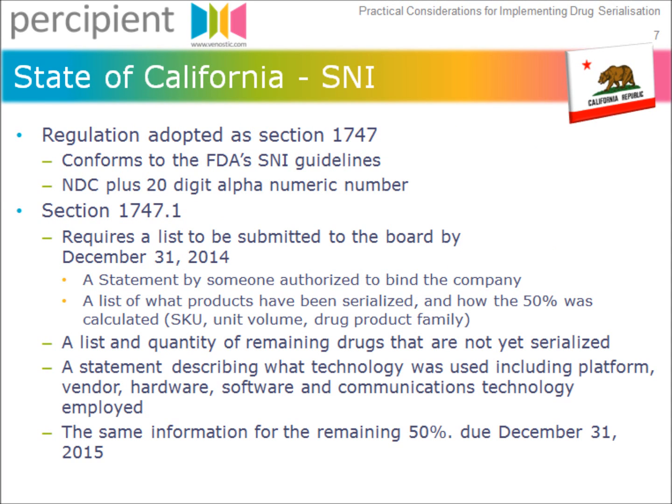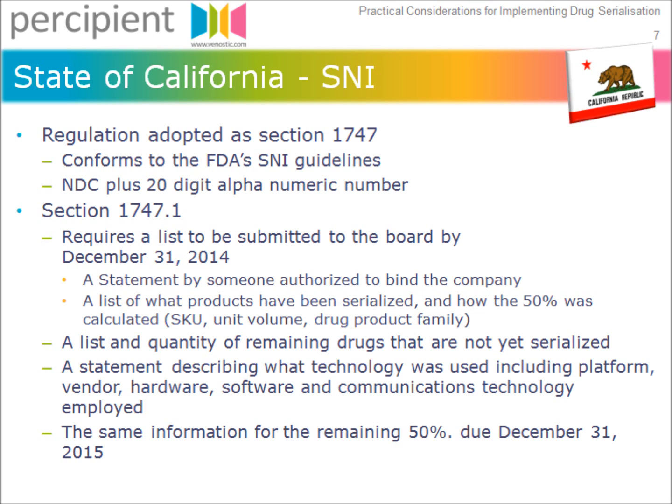California will require the use of an SNI, serialized numeric identifier. That's adopting the US FDA's guidelines. FDA published a guideline document on the use of SNIs a couple of years ago now.